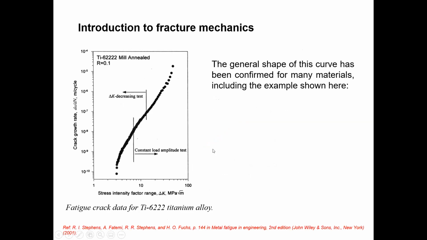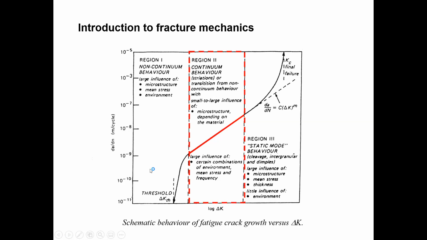That's an S shape. So this is the actual data for the titanium alloy. You can see the actual data has the same feature like this: first region, second region, third region.